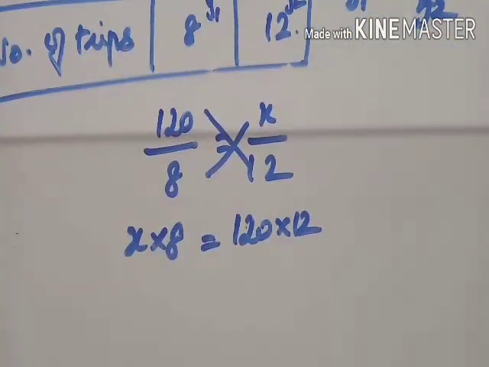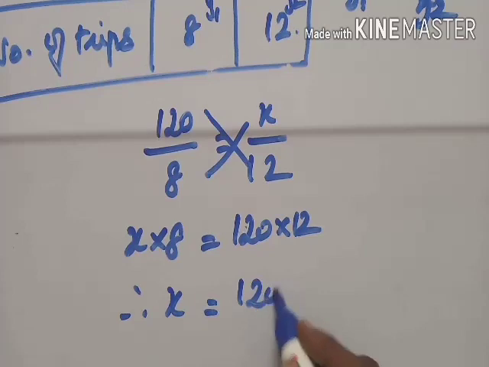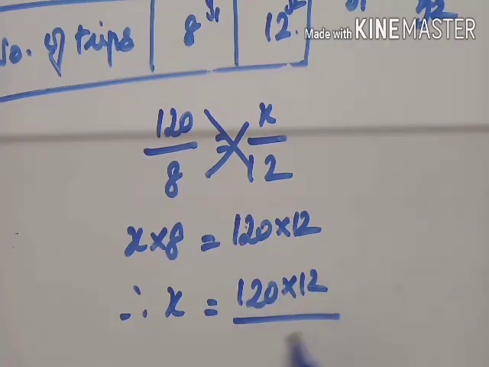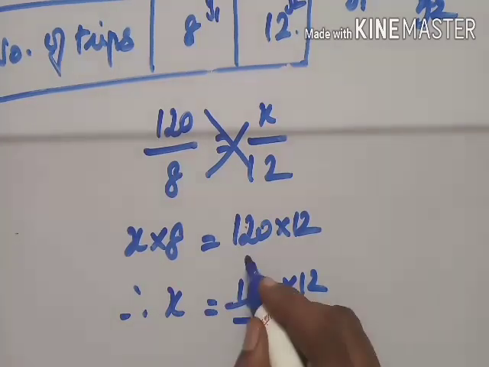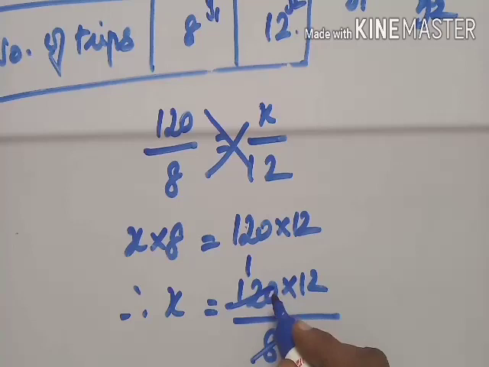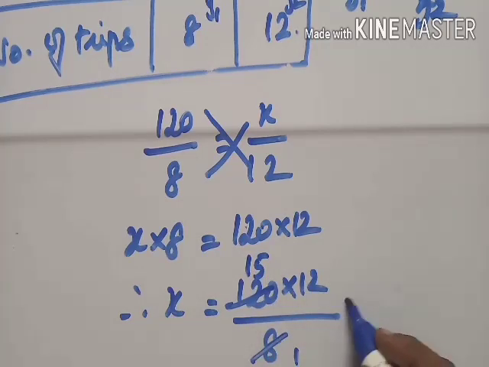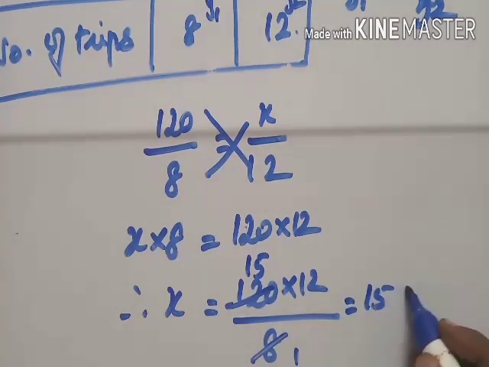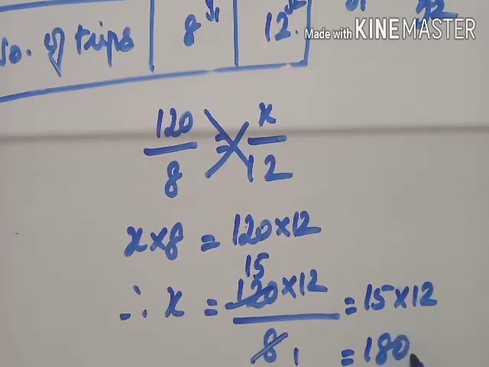Therefore x is equal to 120 into 12 divided by 8. I am going to do the cancellation with the 8 table. 1 8 is 8, in 12, 1 8, balance 4. In 40, 5 8s. That is equal to 15 into 12. 15 12s are 180.